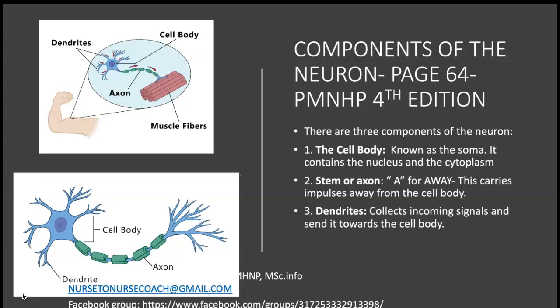The third part of the neuron is the dendrites. It collects incoming signals and sends them towards the cell body. So when we say axon carries impulses away, A for away, automatically we should be clued in that dendrites will do just the opposite. They collect the incoming signals and send them towards the cell body. And here is the diagram on my left side, showing the cell body, the dendrite, and the axon.